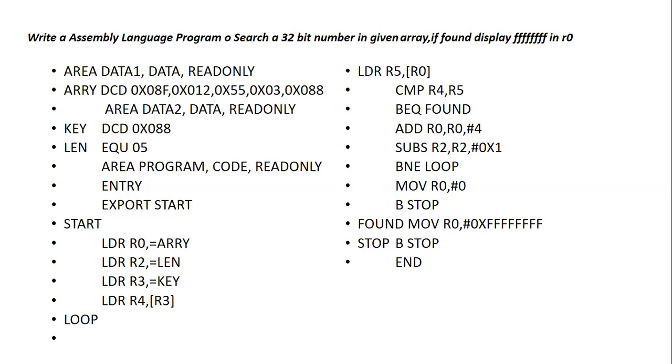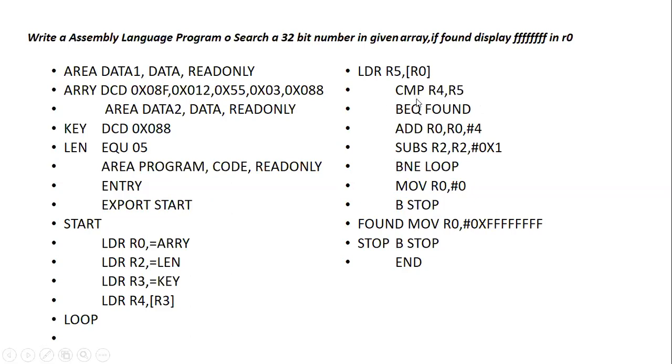So first, the data that has been pointed to by the R0 register has to be moved to R5. Now R5 is having 8F, because R0 is pointing to the starting address of our data set.